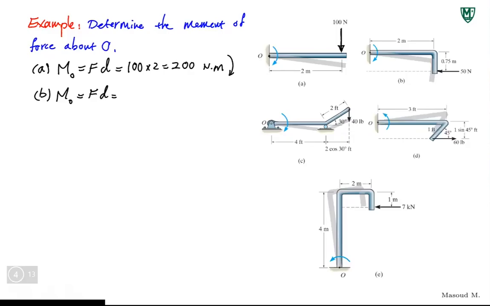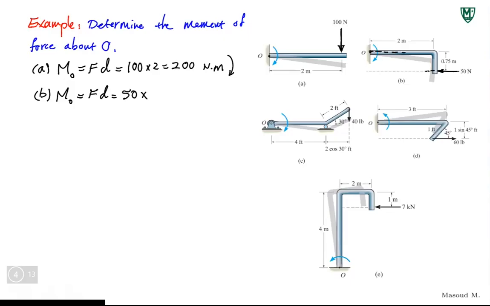I know the magnitude of the force is 50. What is the perpendicular distance in this case? Right, 0.75, because I want to find the moment of this force about point O.